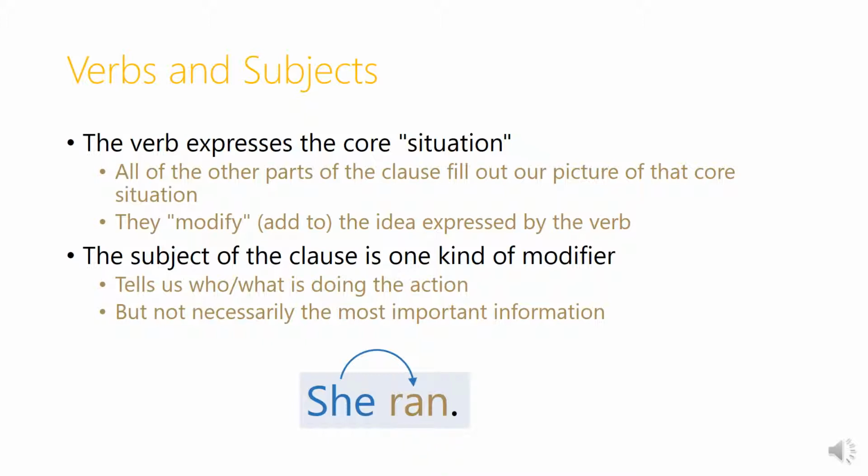That's the basic idea, the core of the clause. Running. And then if we want to know more about that action of running, we say that it's she who is doing the running. So she, the subject, is a modifier of the verb ran, because it's telling us who it is that did the running.